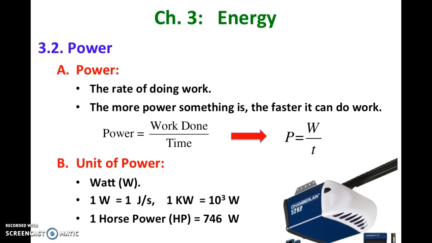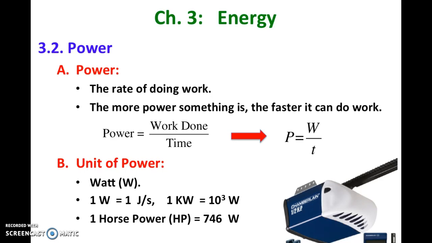Power is also a scalar quantity, and its unit is joule per second, which is defined as a new name called watt, shortened by W, with 1 W equal 1 joule per second. 1 kW, that's kilowatt, is 10 to the 3 watt.